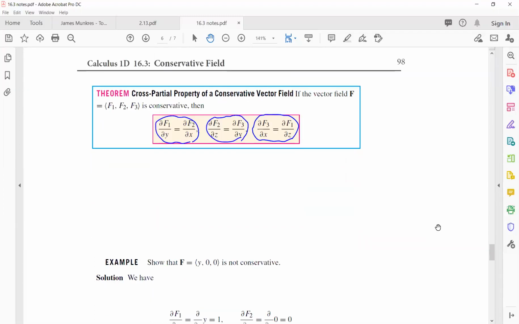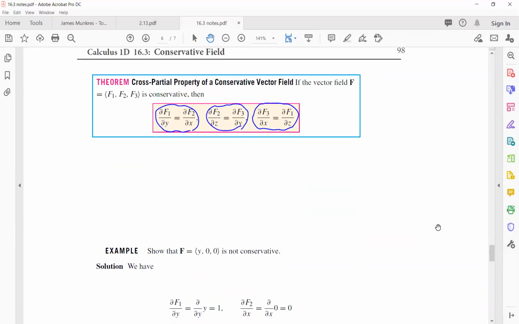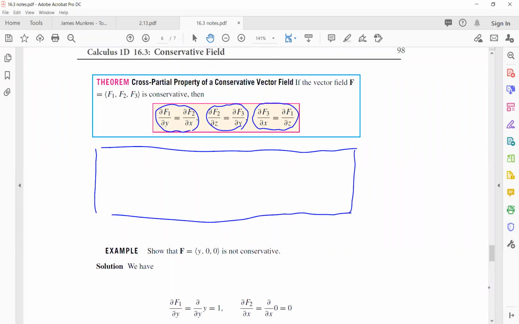For example, suppose you have this vector valued function. Show that this function is not a conservative function. Okay, again, if one of these conditions is not met, then the function is not conservative.